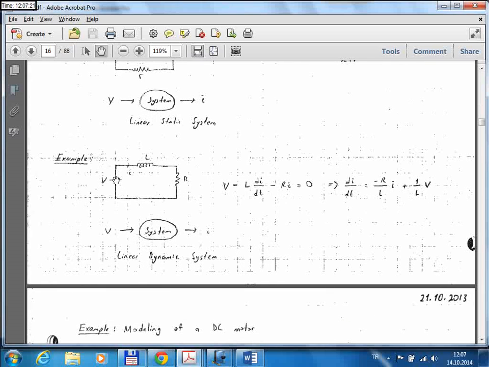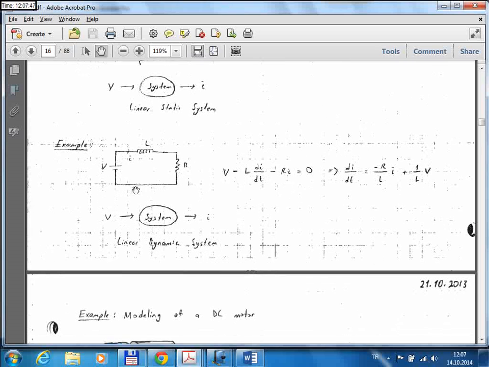So this is a voltage source. It has a positive voltage, and then the current is flowing through an inductor and a resistor, which will cause voltage drops. So you add the voltage terms for the inductor and the resistor as negative, and then this becomes the equation for this system.